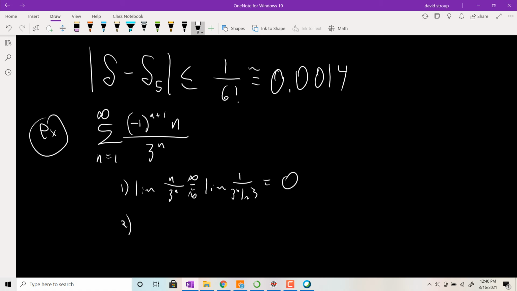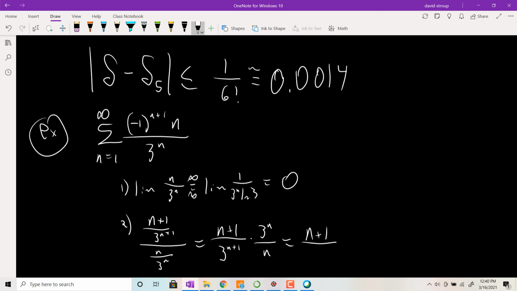So good. Secondly, I like to do the ratio test for monotonicity to show it's decreasing. So I have this expression, a sub n+1 over a sub n, which equals (n+1) over 3^(n+1) times 3^n over n. That'll be (n+1) over n times 1/3. And so eventually 3 times n will be bigger than n+1.